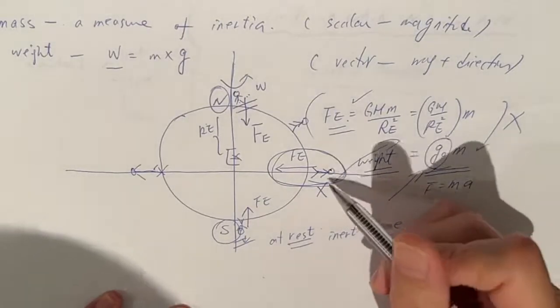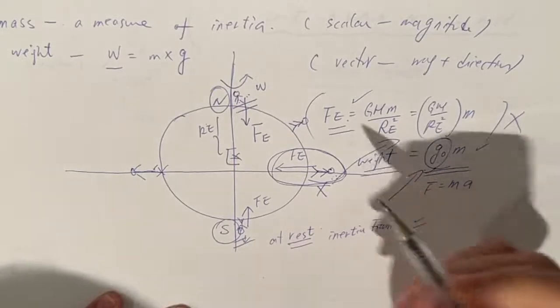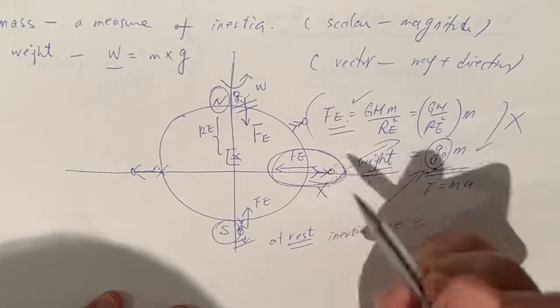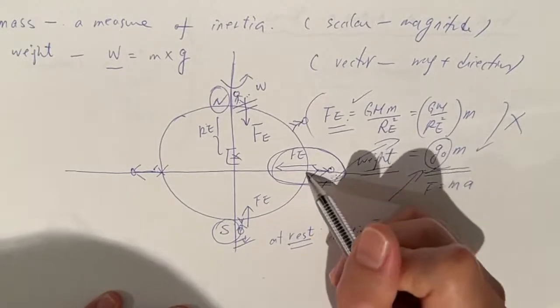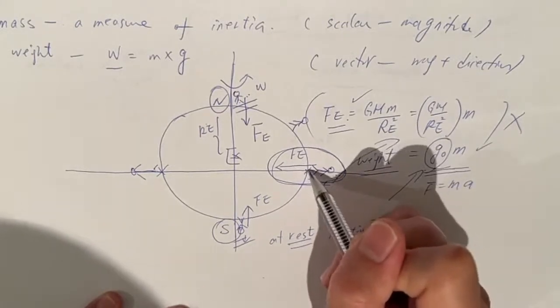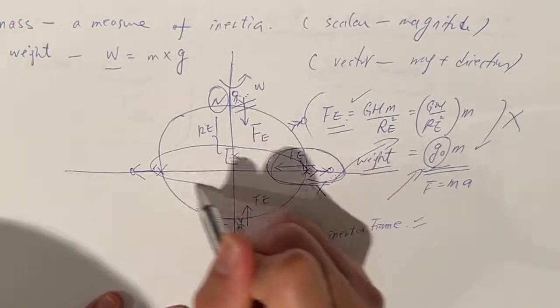How about the person at the equator? Now, you have learned circular motion. The person at the equator will have a circular movement about the Earth's axis, right?